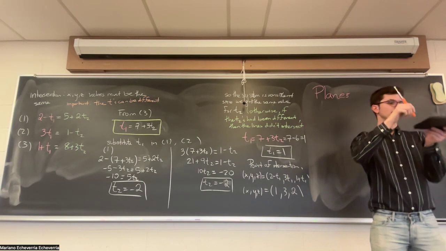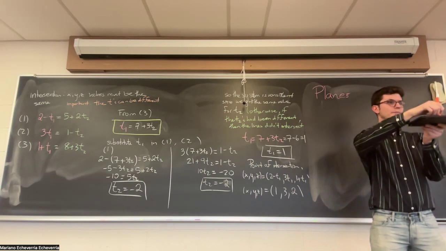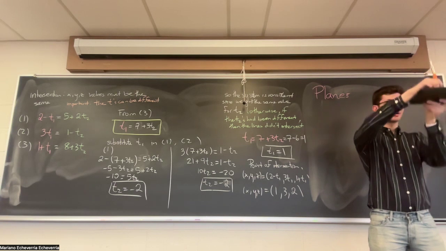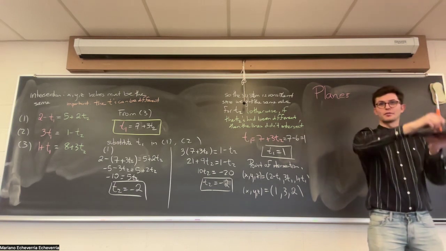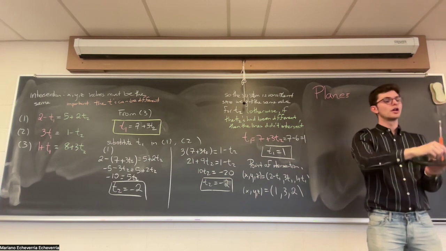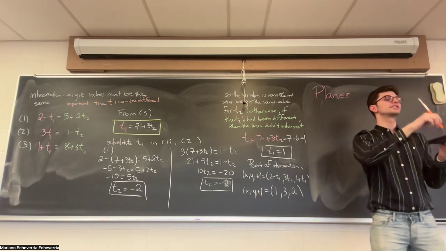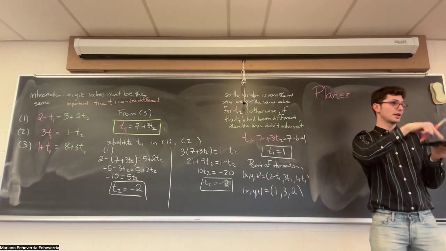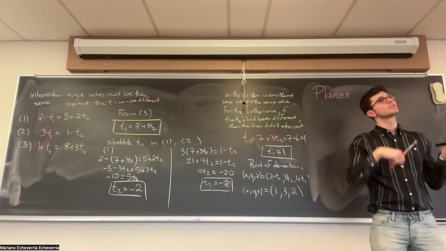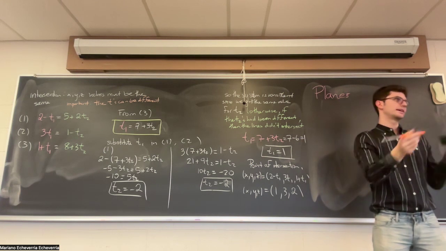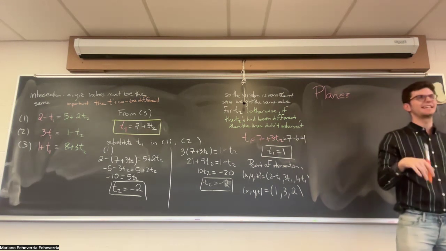For example, if I start moving this iPad up and down, it still has the same normal vector. So in addition to the normal vector, you need to tell me a point that the plane passes through. You need a normal vector and a point the plane passes through, and that is enough.